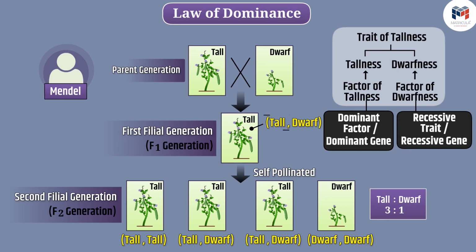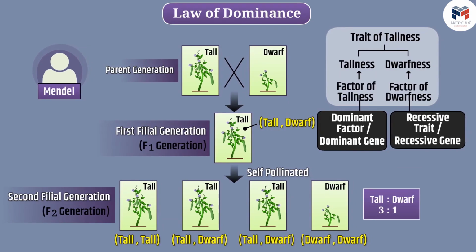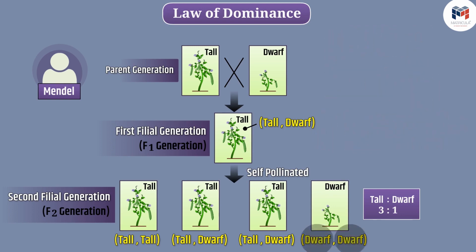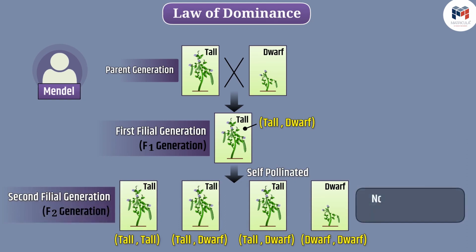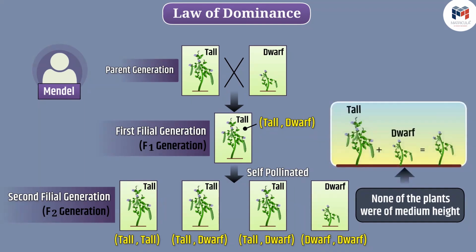Thus, only one copy of the dominant factor ensures expression of the dominant character. Similarly, for the expression of the recessive trait, both factors in the pair must be recessive. Both tall and dwarf plants appeared in the F2 generation. None of the plants were of medium height, that is, a mixture of tall and dwarf traits did not appear.